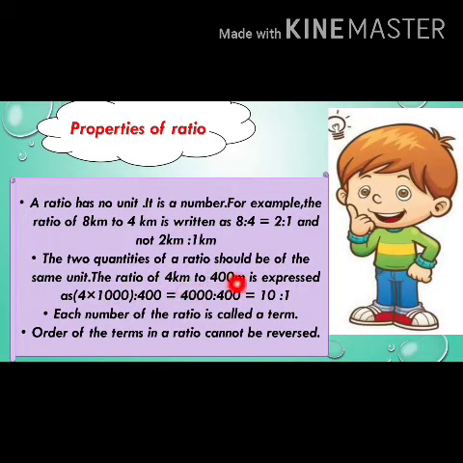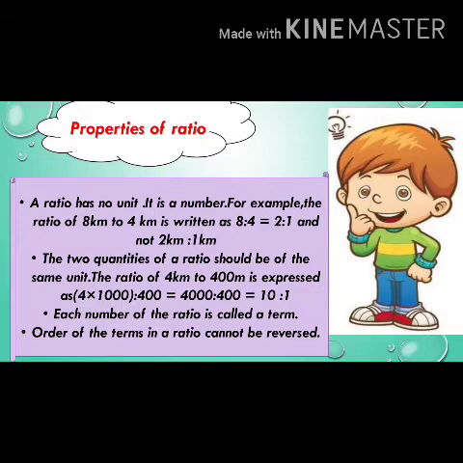Here kilometer and meter are different, so you have to convert kilometer into meter. 1 kilometer equals 1000 meter. So 4 kilometer equals 4 into 1000, which is 4000. So 4000 is to 400. Then after simplifying the terms, you will get the answer 10 is to 1.